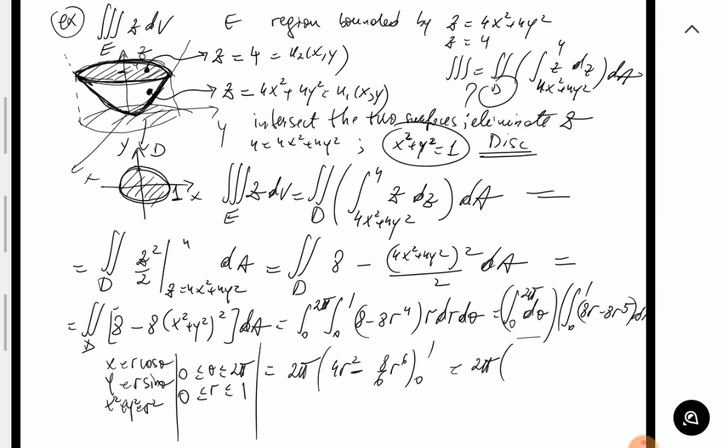That makes it 2 pi times (4 minus 8 over 6). 24 minus 8, that's 16, on the top, and then we can simplify this by 3 by 2, and then the answer is 16 pi over 3.